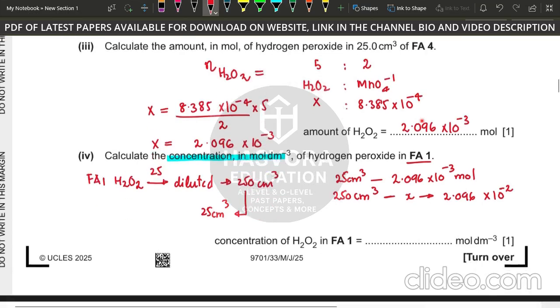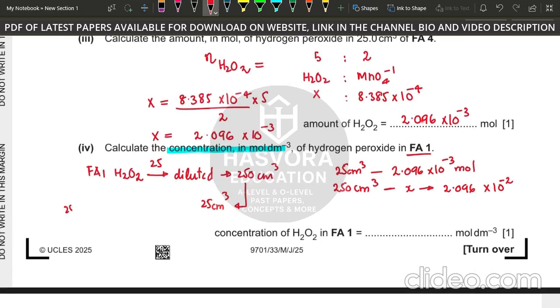Now remember this 250 cm³ of the diluted solution was made out of 25 cm³ of the original Fa1. This means the number of moles will be the same in these two.